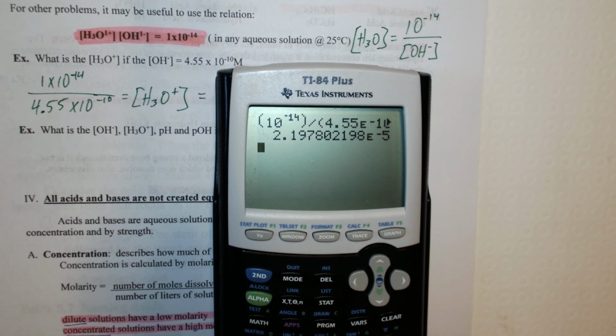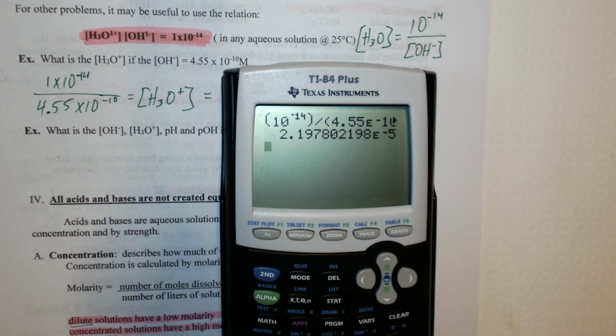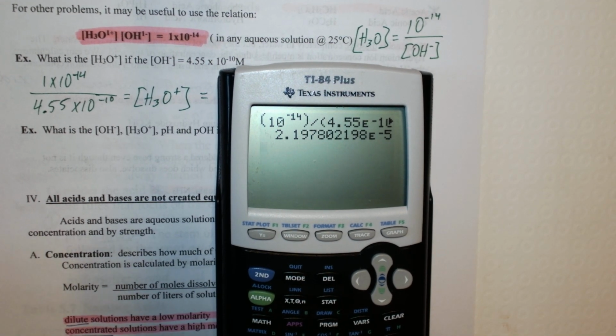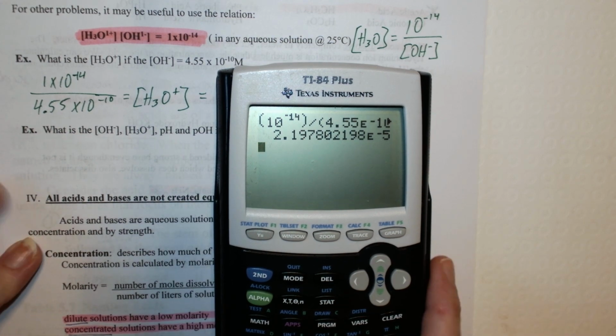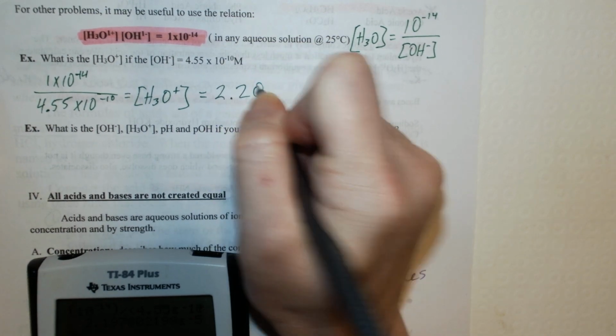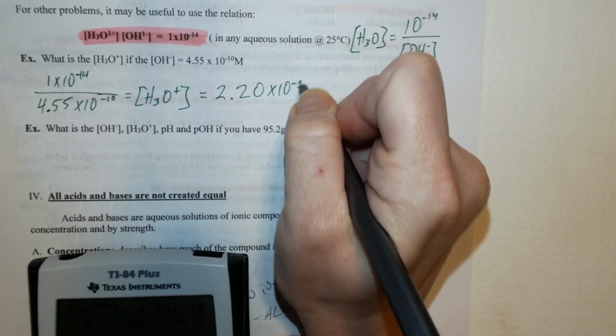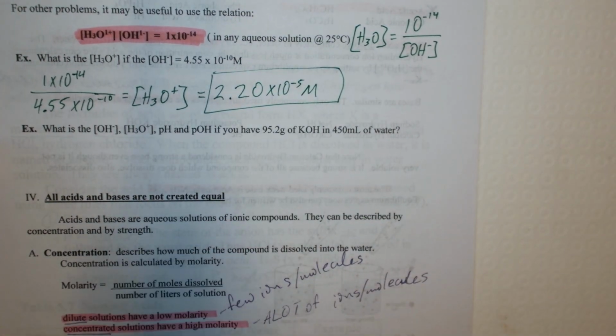All right, so this is a molarity to molarity, so you're going to use the same number of sig figs. You had 3 sig figs before, you will have 3 sig figs after. So it's 2.197, so 2.20 times 10 to the negative 5th. And that's your hydronium ion concentration.